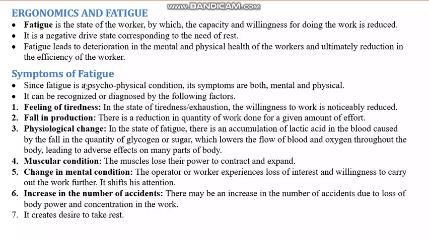Now, symptoms of fatigue. When do you say you are fatigued? Since fatigue is connected with the mind as well as the body, we say it is a psychophysical condition. Its symptoms are both mental as well as physical, and it can be recognized and diagnosed by the following factors.